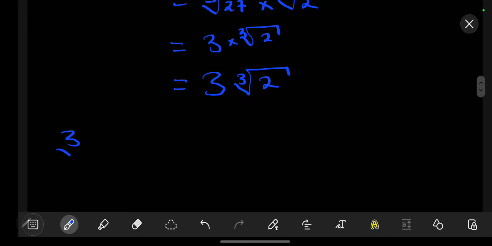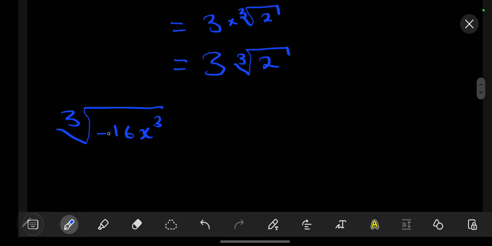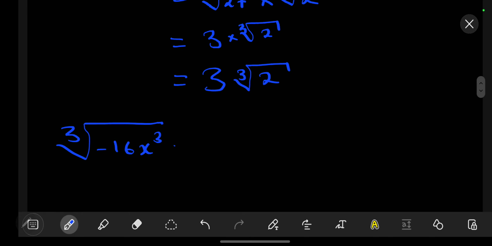Let's say we have the cube root of negative 16 x to the power 3. Same approach. We are going to look for a perfect number that has a cube root. When you look at this negative, you can split it. So this is the cube root of negative 1 times 16, and 16 can be broken down into 8 times 2, because we know 8 has a perfect cube root, which is 2.